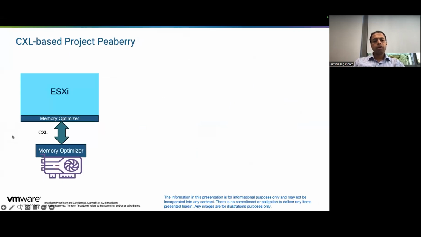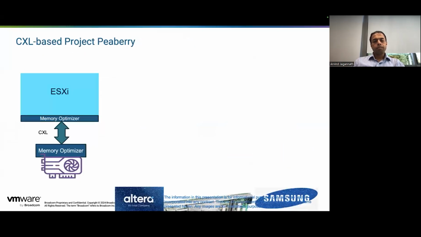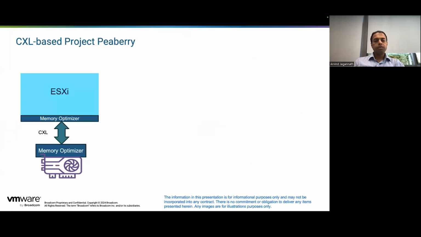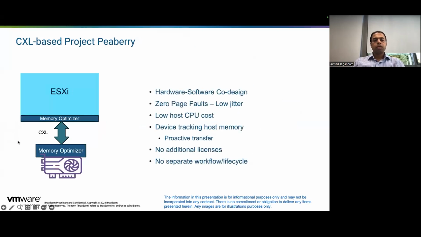So let's now talk about the CXL-based Project Peaberry. Some of the goals of this, and why we are doing this, is it's a hardware software co-design.